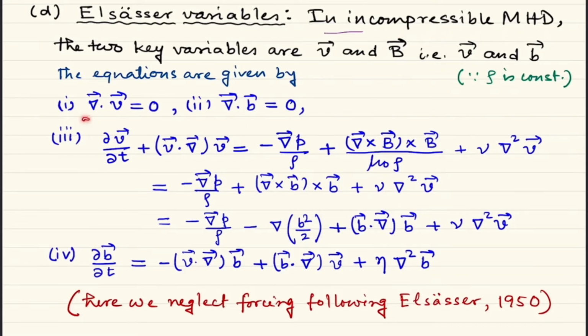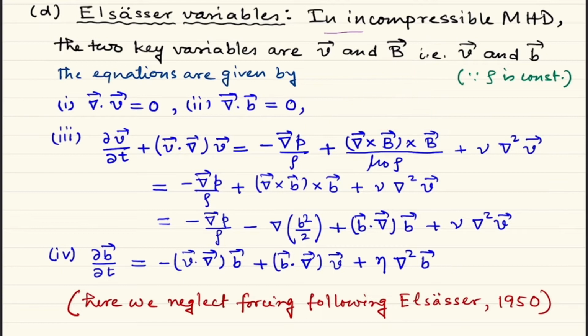Incompressible MHD means that the fluid is incompressible. That means the divergence of V, that is the divergence of the fluid velocity, is 0. And we also know that the small b is nothing but capital B by root over mu 0 rho.